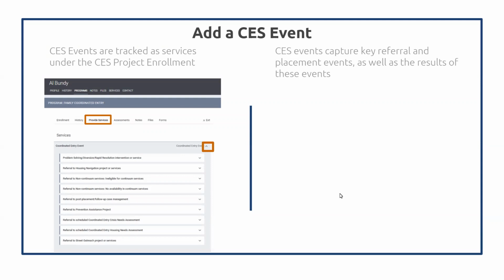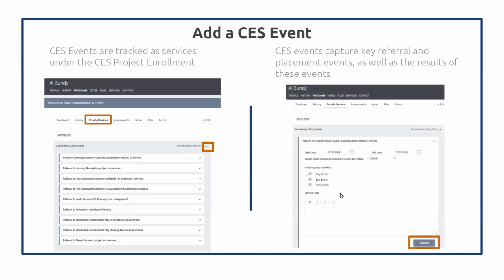They are tracked as services under the CES project enrollment. CES events capture key referrals and placements and the results of those referrals and placements. So for the sake of brevity, I'll not go through this exercise. You can review this process in the HMIS Part 2 training.